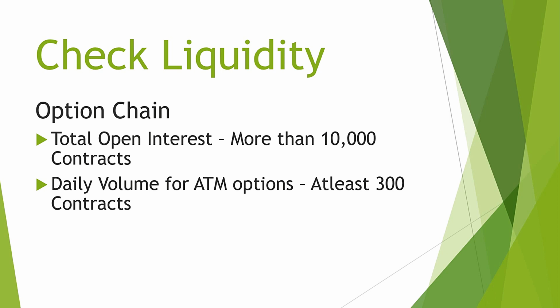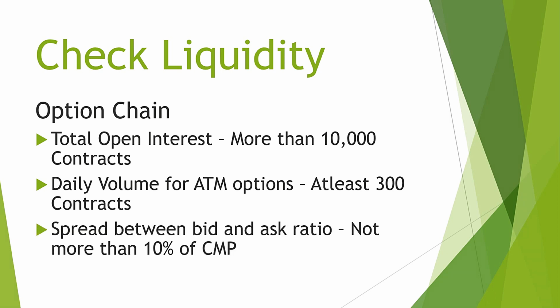For total open interest, one may consider a minimum of 5,000 contracts, but daily volume of minimum 300 contracts at the money is a must. We should not look for scripts which have less than 300 contracts volume at the money on both put and call sides.